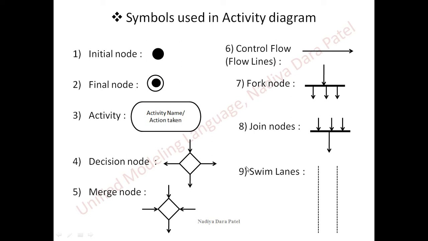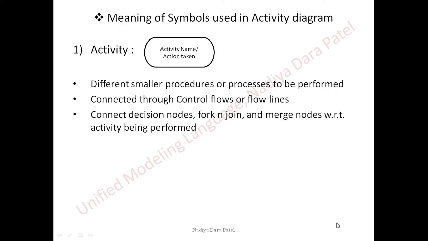And finally, the last symbol is the swim lanes. If you have watched the Olympic games, the swimming pool had some parallel divisions. They are known as the swim lanes.